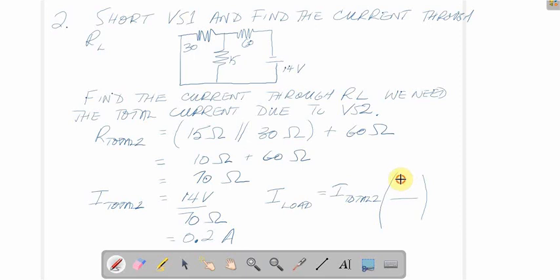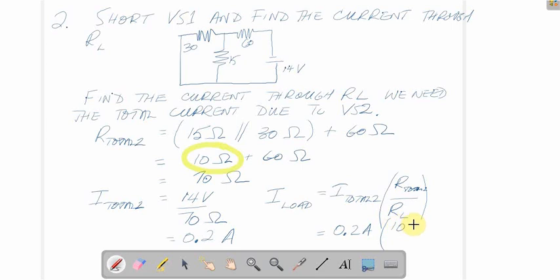So on top here, that is the total parallel resistance. And we want to figure out how much goes through the load. So this is 0.2 amps, the total current in the circuit. And the parallel portion had a resistance of 10 ohms. We got that from there.